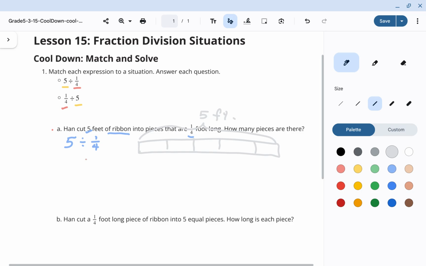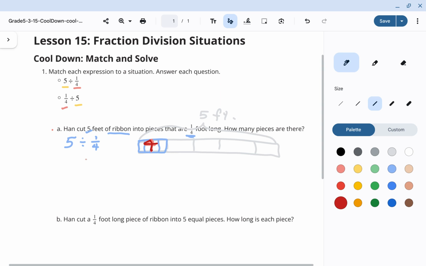Now, this very first foot right here is going to be cut into 4 pieces, because here is 1/4 of a foot, a second fourth of a foot, a third and a fourth, because again, this particular 1 foot piece of ribbon is going to be cut into 1/4 foot long pieces. So how many pieces do I have in this? I have 4. That is a key thing for us to think about.